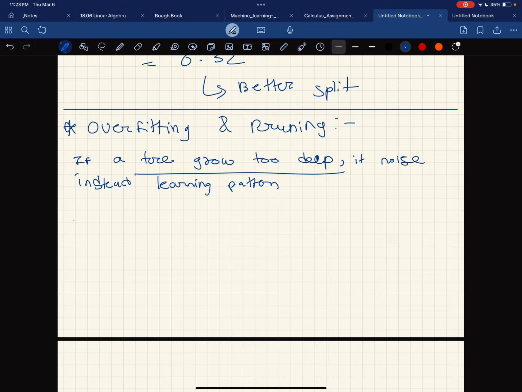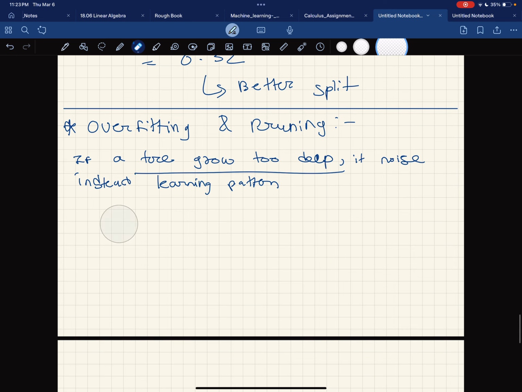Let me tell you an ideal depth of the decision tree is 10. My mistake, so sorry. This example was meant for the noise.